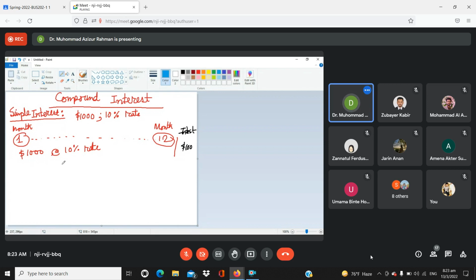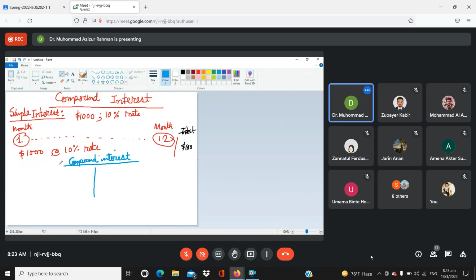Okay, so now if we want to go for compound interest, we do two conversions. Here it is only one conversion, right? That means after 12 months we have the calculation.